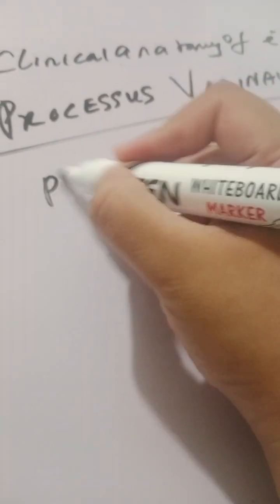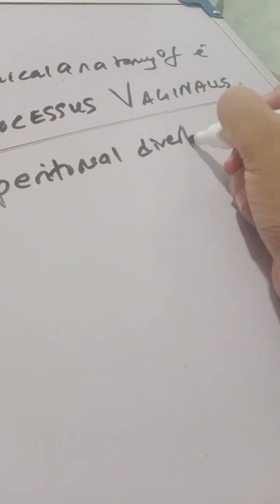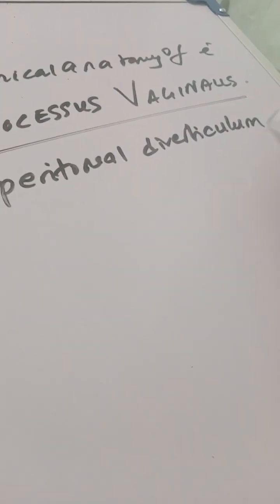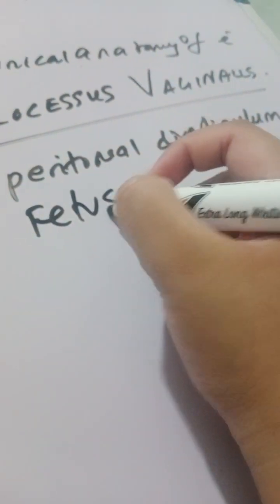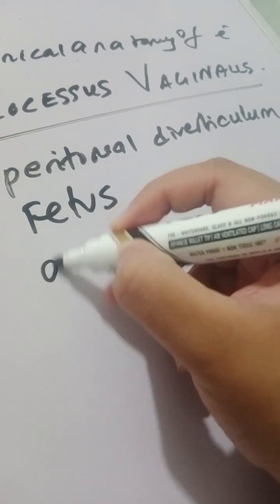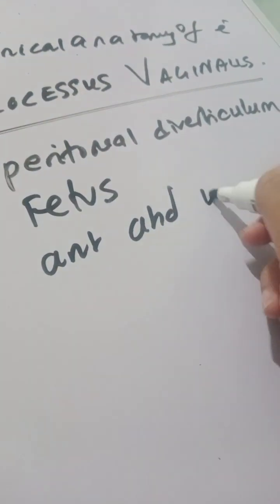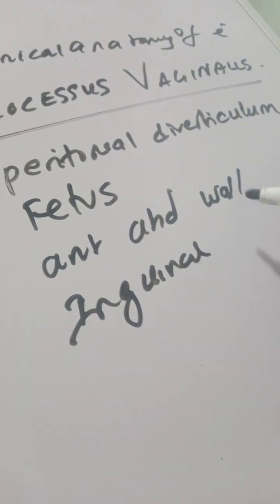Okay, so what is the processus vaginalis? The processus vaginalis is a peritoneal diverticulum formed in the fetus that passes through the layers of the anterior abdominal wall, and it forms the inguinal canal.